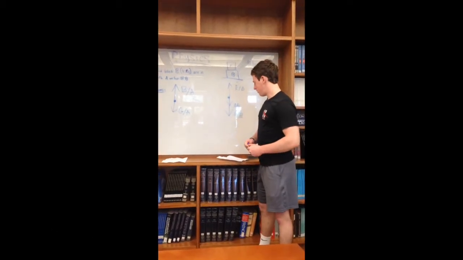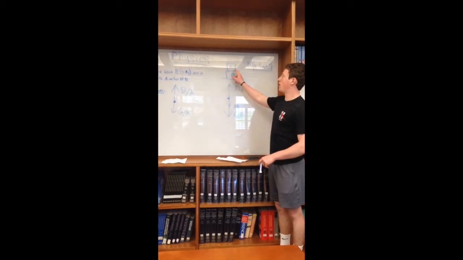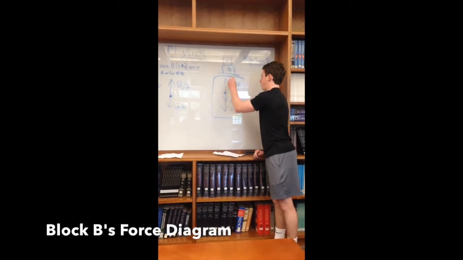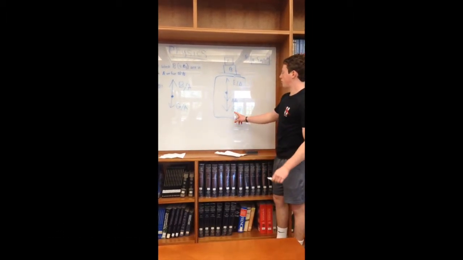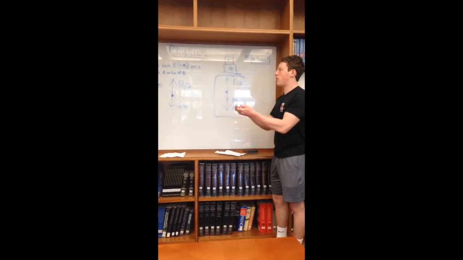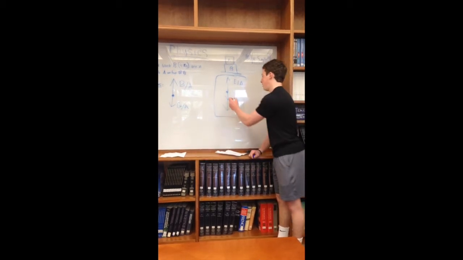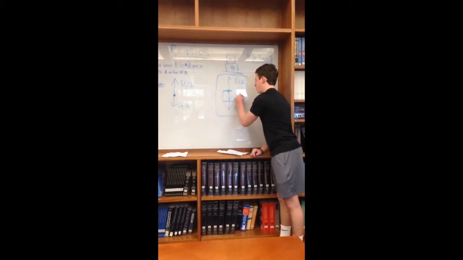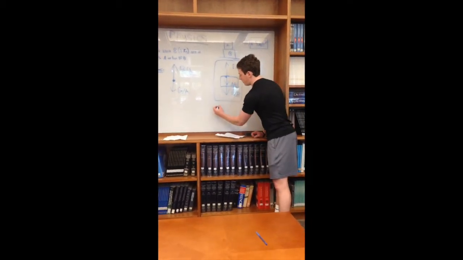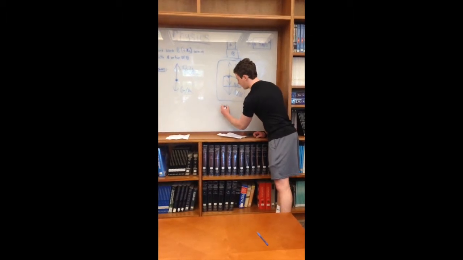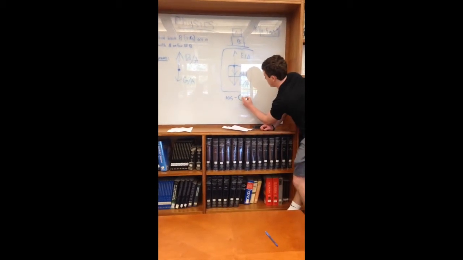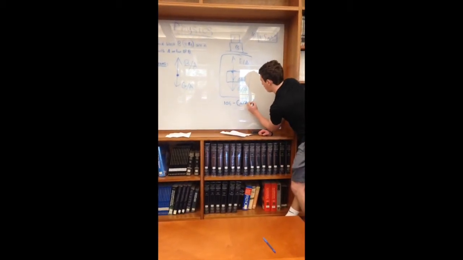To find how big the force down on block B from block A is, we're going to be looking at this force diagram. We have the force of gravity on block B, and we also have how much is being pushed up by the elevator on block B. What we need to find is right here, the force of A on B. So far, for this force diagram, we have 105 minus A on B plus 40.